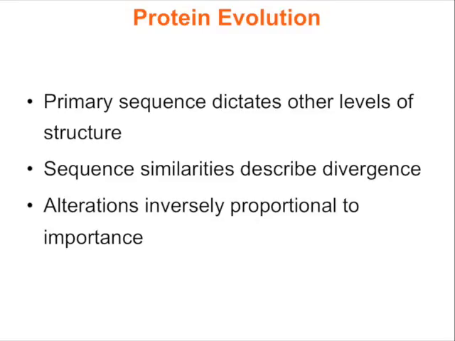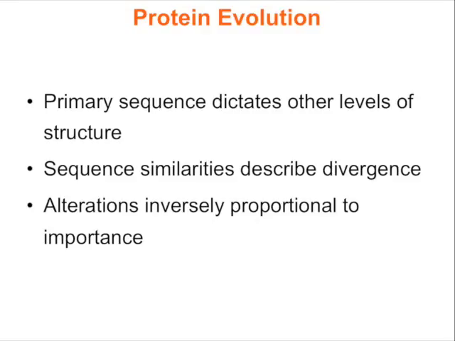So these sequence similarities between different organisms with the same proteins describe how related proteins are, and therefore how related different species are. Now, mutations are happening all the time, and so structures do change gradually over geological timescales, really large timescales. And we can use this information to calculate how related different species are.